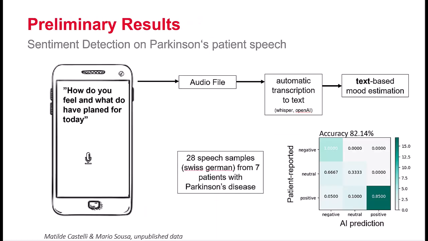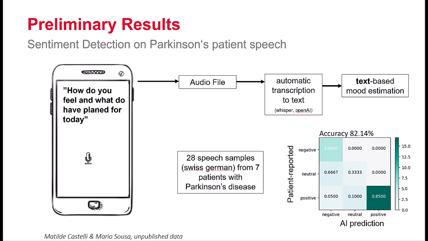I have here some preliminary results. This is still unpublished data that is based on 28 speech samples. All participants were talking Swiss German, and the speech samples are from 7 patients with Parkinson's disease. The results that I'm showing here are only on the text-based mood estimation.